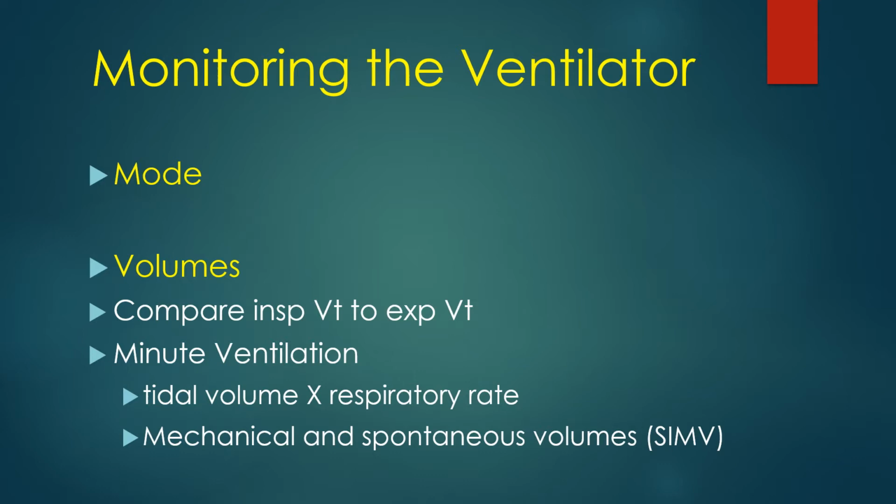The ventilatory demand is the amount you need to breathe per minute to make your CO2 and your pH normal. So if you see that the minute ventilation is more than 10 liters a minute, that's an unusually high ventilatory demand. So again, you would want to try to figure out why is that? Why is he breathing more than 10 liters per minute?